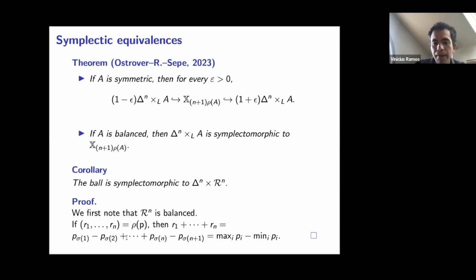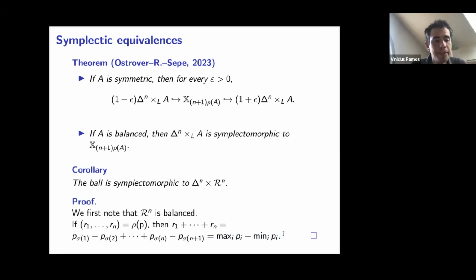So basically, if you want the sum of the coordinates of the moment map to be less than a constant, that's the same as requiring that the maximum coordinate of P minus the minimum coordinate of P is less than a constant. So remember R^n was just the set of points in that hyperplane where this difference here is less than 1. Okay? So yeah, that's the corollary.